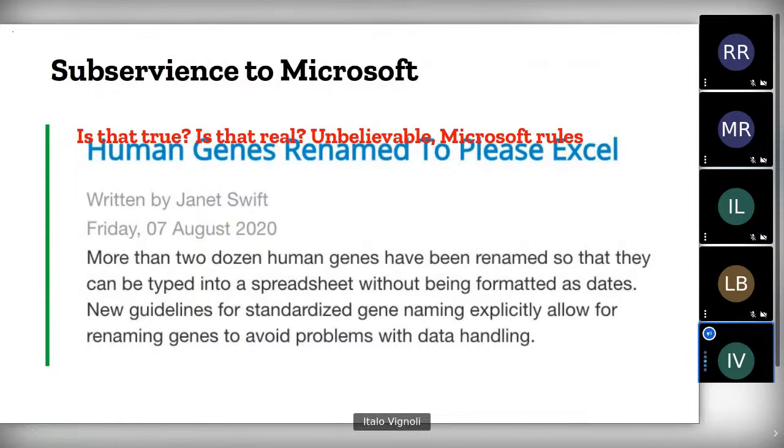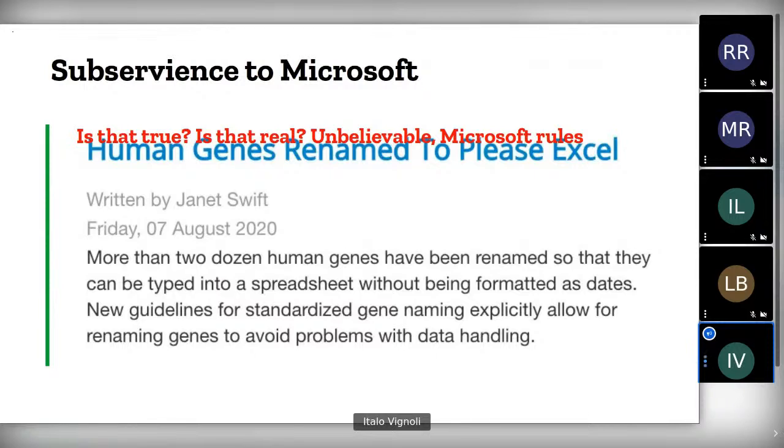So the community of research scientists had to rename more than 24 of human genes because their names couldn't be handled properly by Excel.